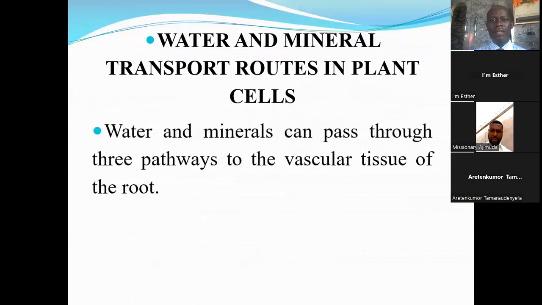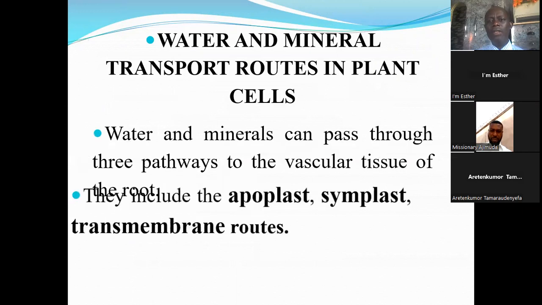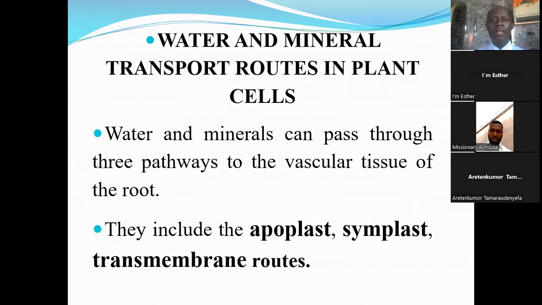Having discussed that, we want to look at water and mineral transport routes in plant cells. Water and minerals can pass through three pathways to the vascular tissue of the root.